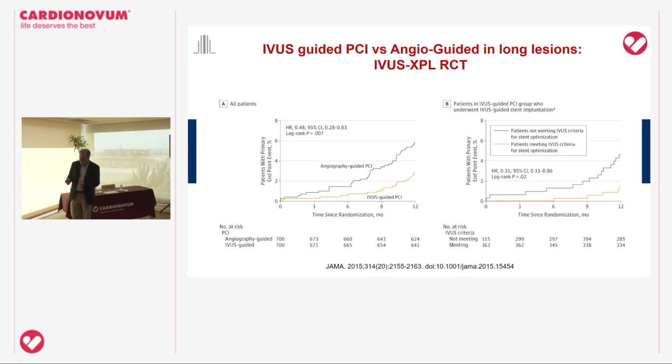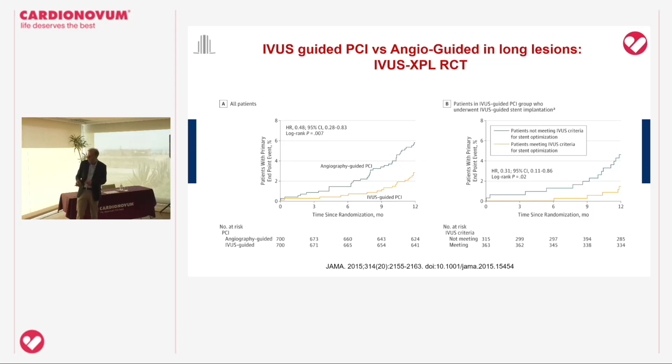But it's not just that you perform IVUS. It's also that you perform IVUS and then you obtain a good result. It's not that you perform IVUS that you cannot reach the goal of optimal result.